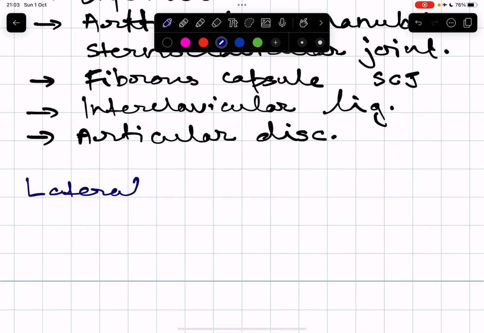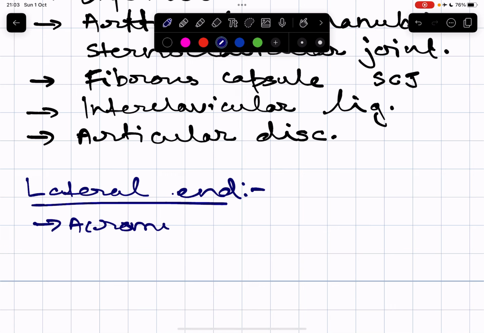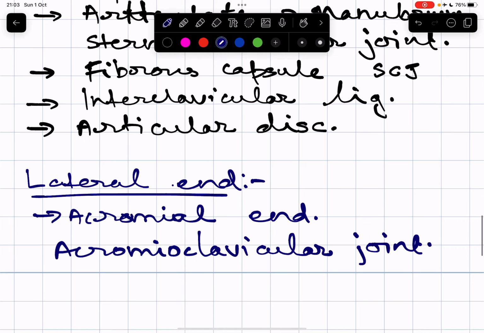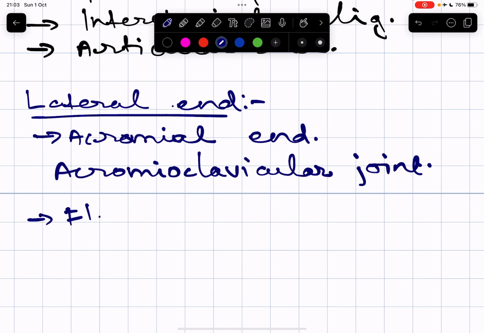Now let us talk about the lateral end of the clavicle. The lateral end is also known as the acromial end, because it is going to articulate with the acromion process of the scapula to form the acromioclavicular joint. Now what are the features of the lateral end? The lateral end is flattened compared to the medial end, which is expanded and quadrilateral.